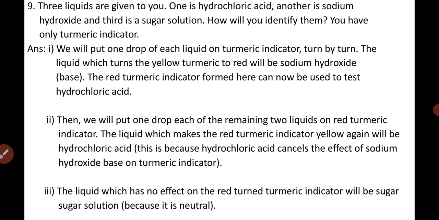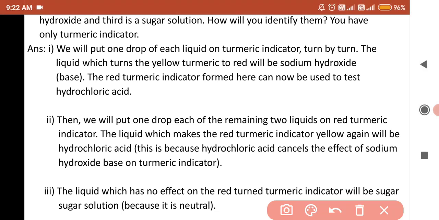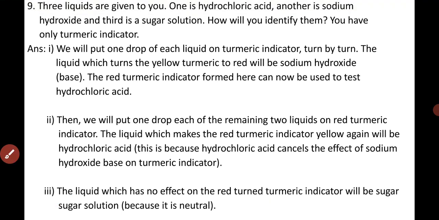So the liquid which will not change the color of turmeric indicator, it will remain red in this. The liquid which has no effect on the red turmeric indicator will be what? Sugar solution. Okay, because it is what? Neutral. And neutral substances do not change the color of the indicator. Remember. Okay, so this is the answer of question number 9. Question number 9 is also completed from here.